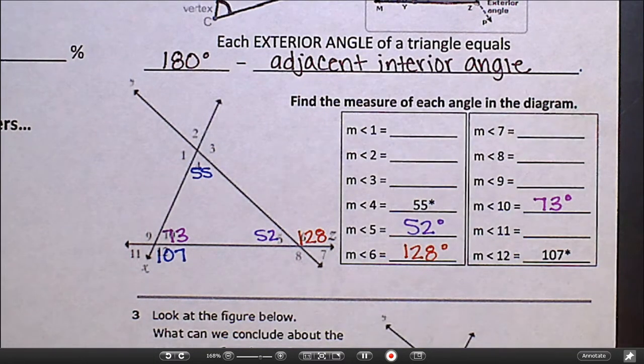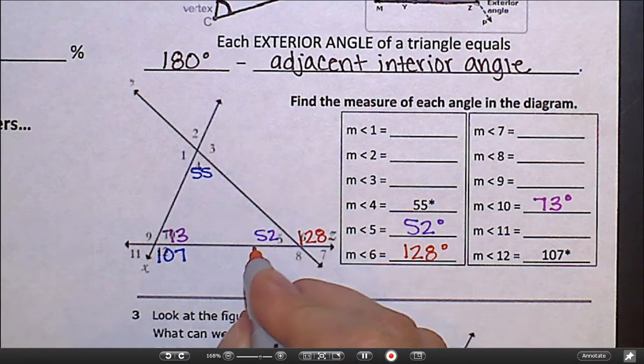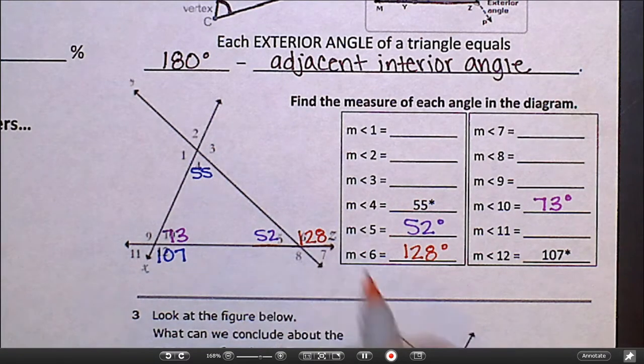Also, remember from yesterday, these would be what we call adjacent angles because they make a straight line. And adjacent angles that form a straight line have to be supplementary.